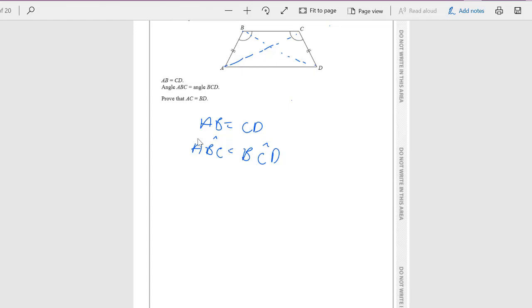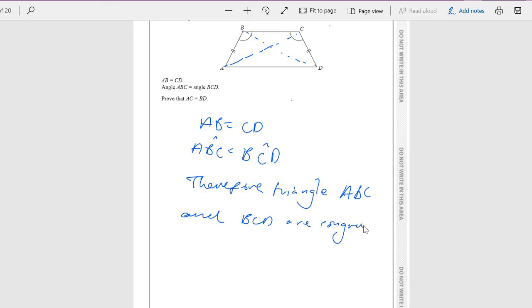So therefore triangles ABC and BCD are congruent. So then that means SAS, and therefore AC equals BD.